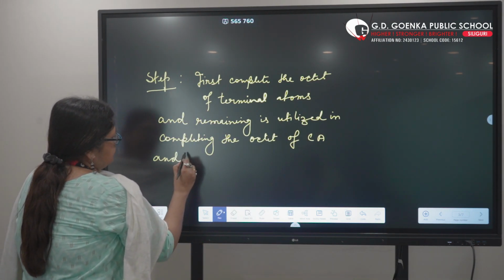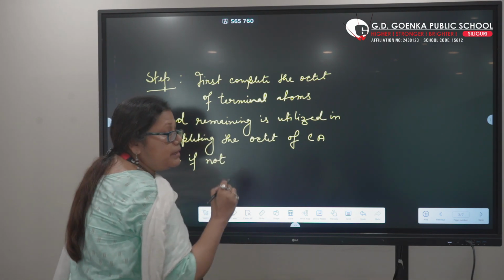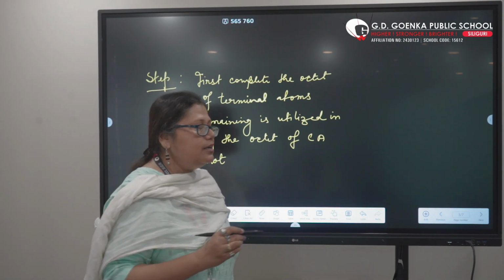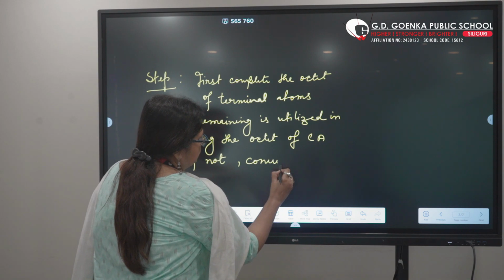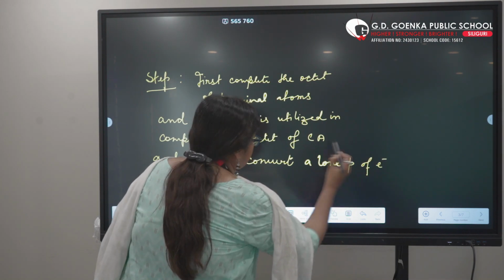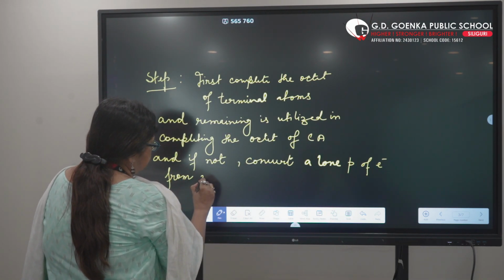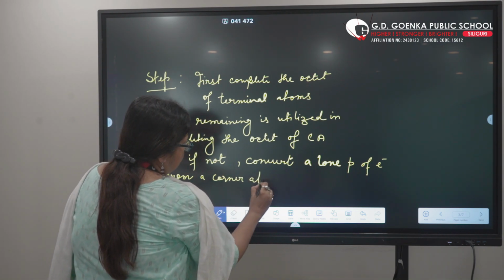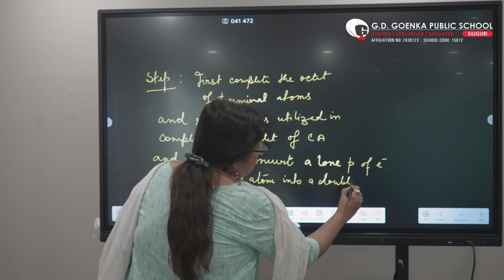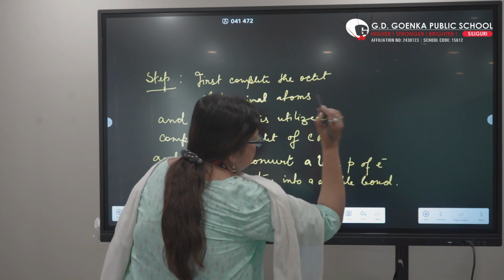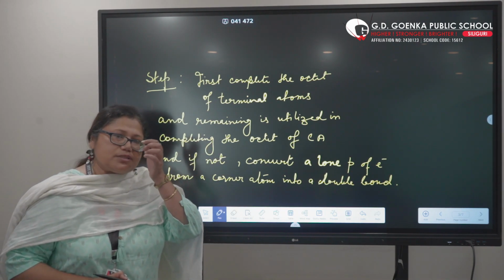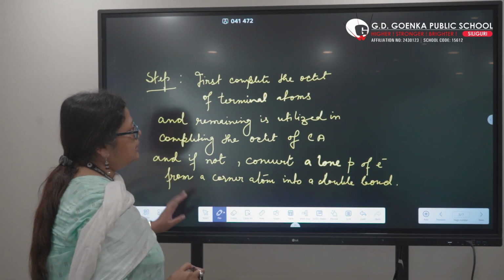And then, if we are unable to fulfill the octet of each of the participating atoms still, then convert a lone pair of electrons from a corner atom into a double bond. After that, we are going to put the charge according to the concept of formal charge. So till here it is clear.